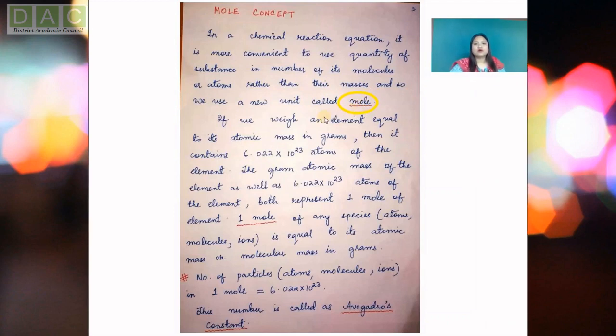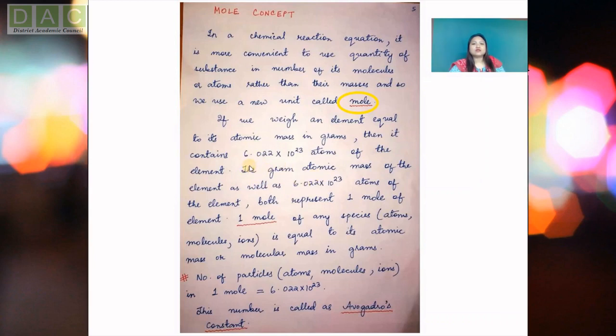So what is a mole? A mole is a unit which represents the number of atoms or molecules or ions. Now if we try to measure the mass of an element, and the mass of an atom of the element, then both of them will be equal to 1 mole.